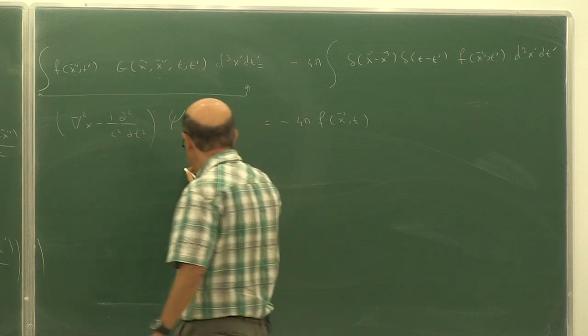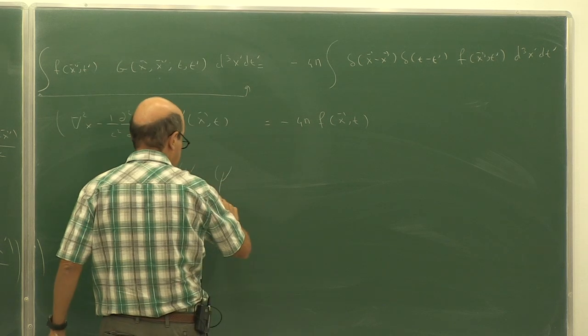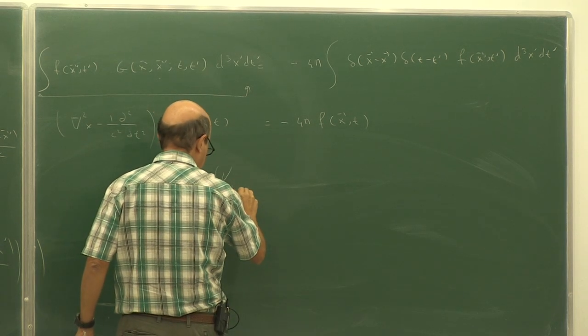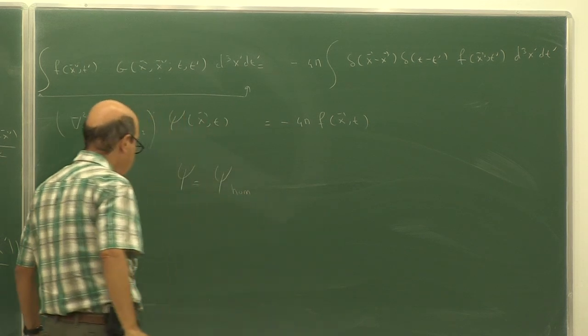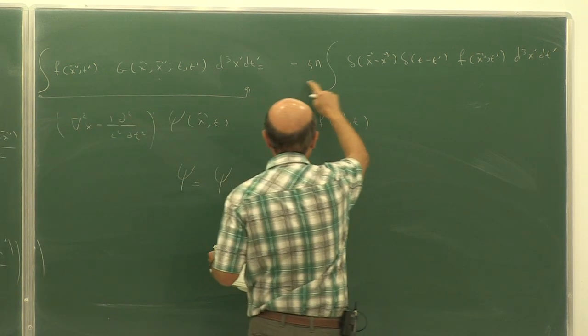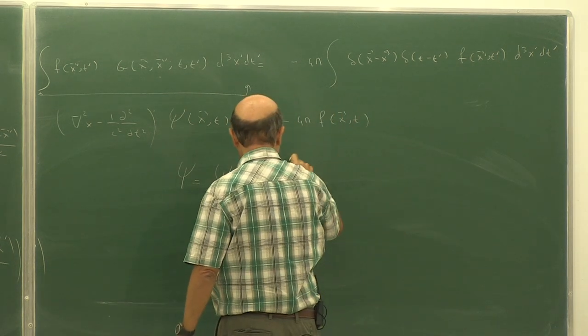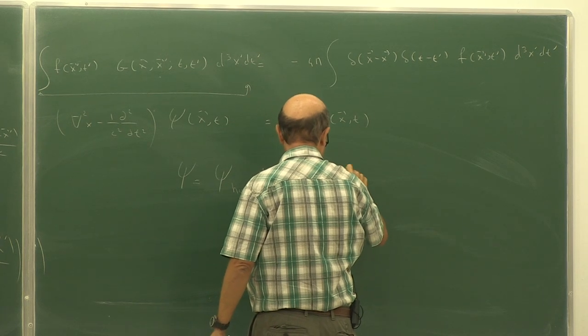So you can say that your general solution contains what? The wave equation with the homogeneous part. That means that there is no source. You can equate the right hand side to 0. You can have some solution plus that.